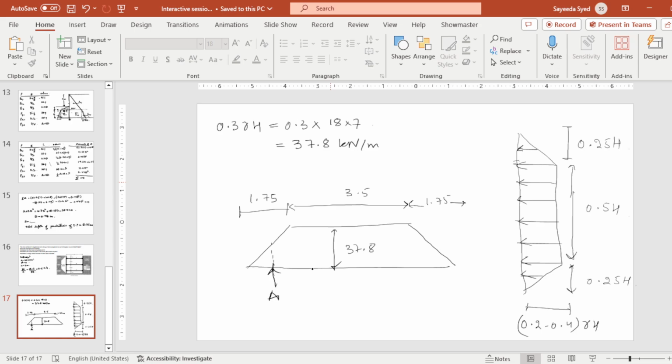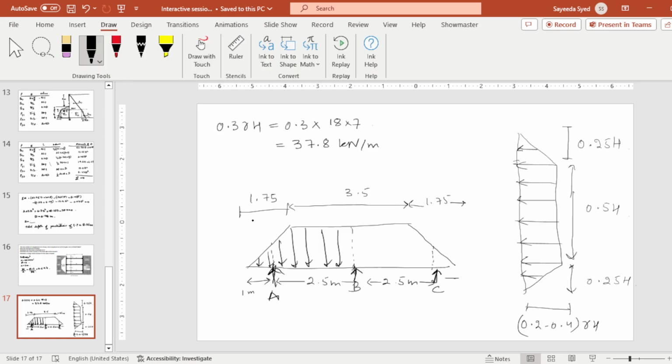They are taking reaction from the loading from the soil lateral pressure, and we can consider it as a beam with a load that is not uniformly distributed, because there is a uniformly varying load here and then a uniformly distributed load here. So we will separate these into two beams.